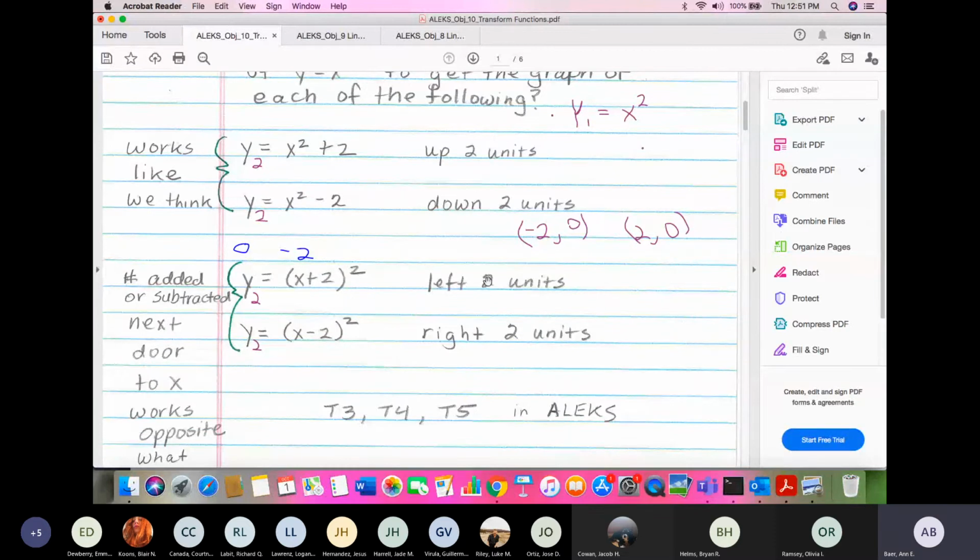So is this a true statement? This side's just 0. This side is negative 2 plus 2, which is 0, squared, which is still 0. So we get 0 equals 0, which is a true statement. So this is the one that works.